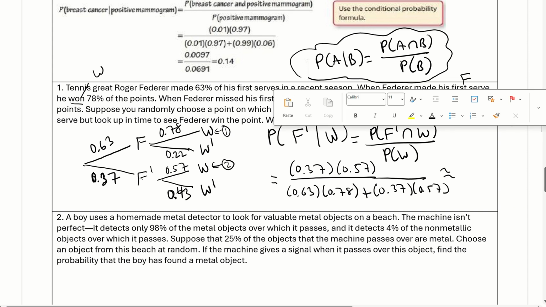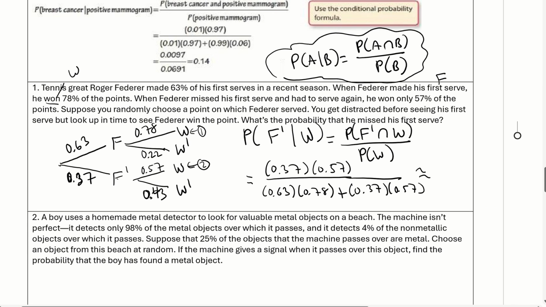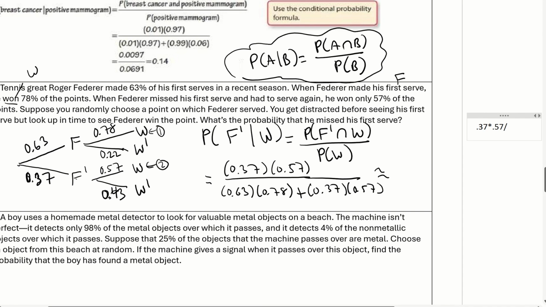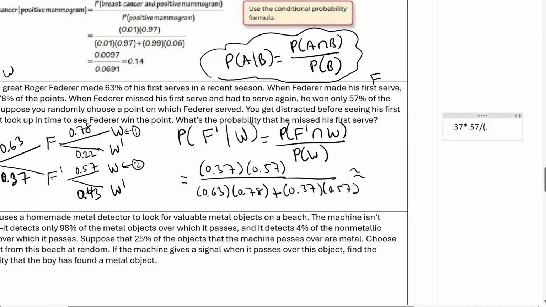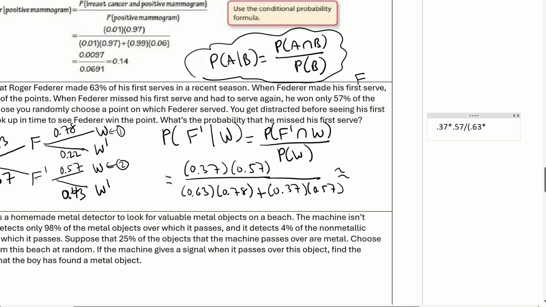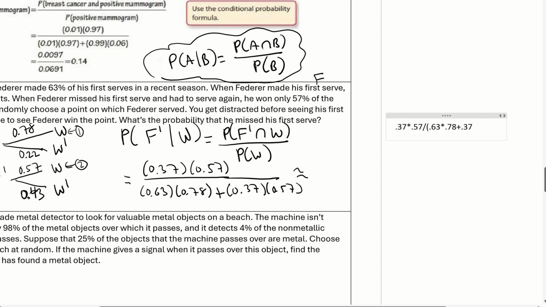All right, so let me go ahead and do that. So we got 0.37 times 0.57 divided by parentheses 0.63 times 0.78. You got to be careful when you do this because you got to put parentheses when you do the denominator, okay? Plus 0.37 times 0.57, or do it separately so you don't mess it up.